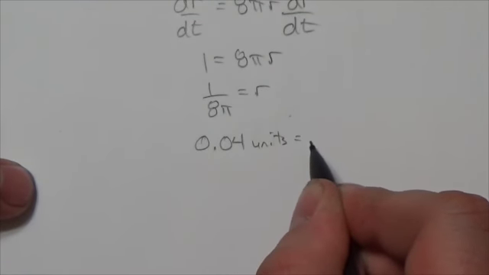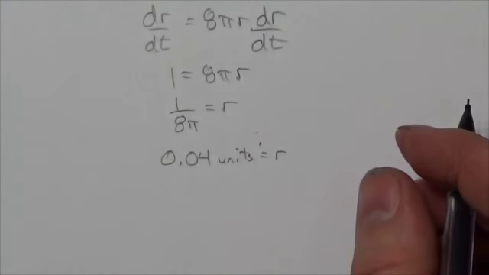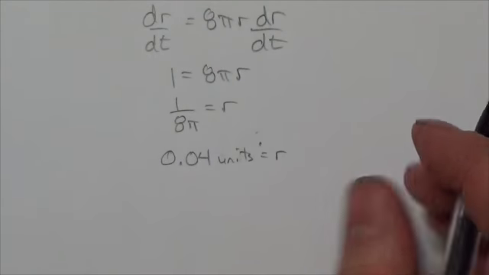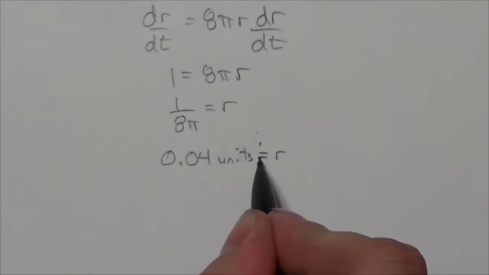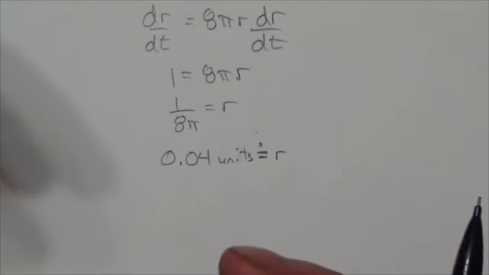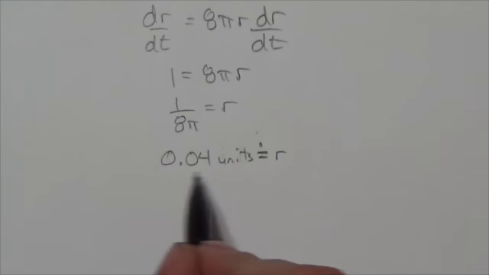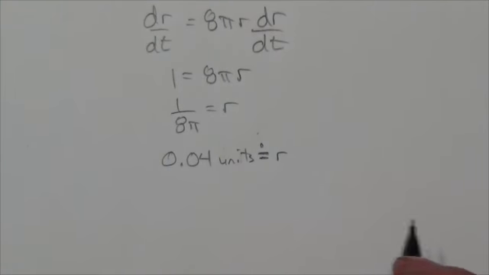Whatever units we were using for measuring the radius, it doesn't matter what units we are measuring with. Numerically, the value of that is going to be 1 over 8 pi or approximately 0.04 units.